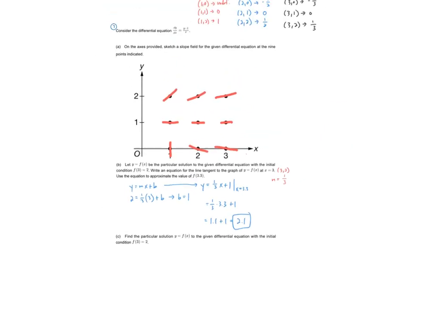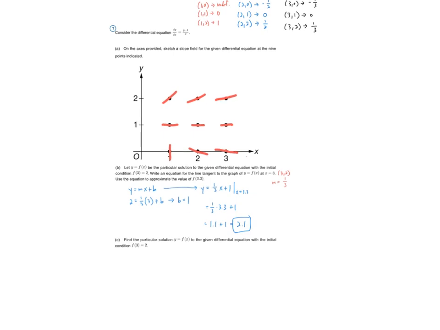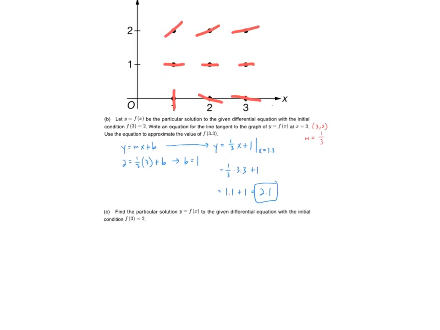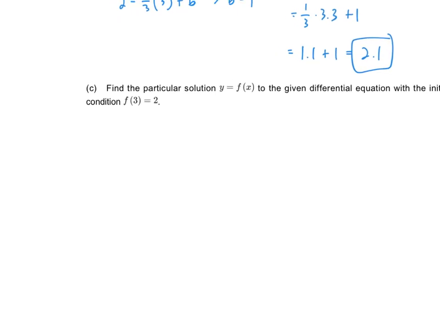Okay, last one, find the particular solution with the initial condition. So now we'll start off with the differential equation that was given, y minus 1 over x. Remember with these, the most important thing is to separate the variables. Get all the y's on one side and all the x's on the other.